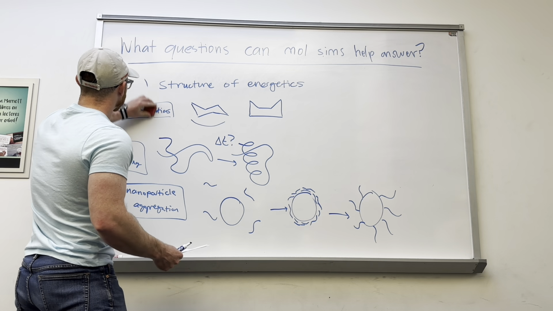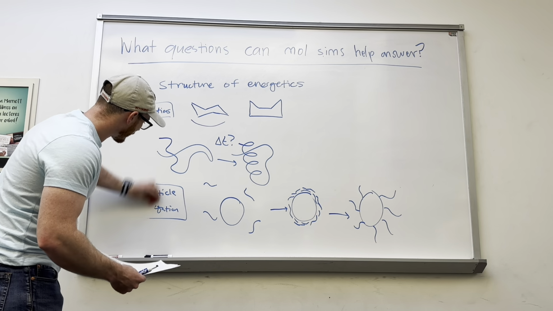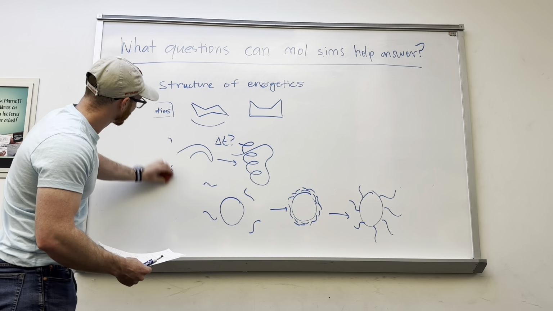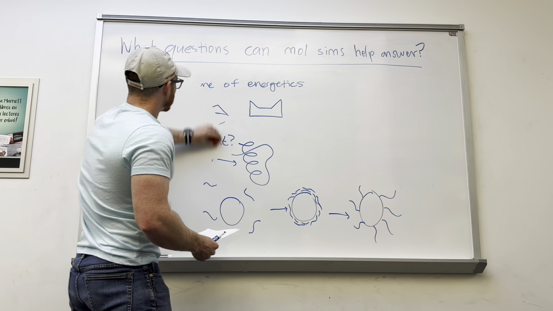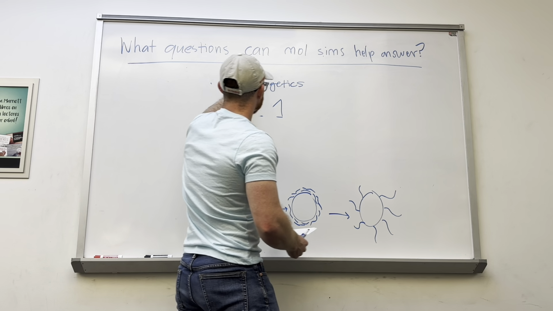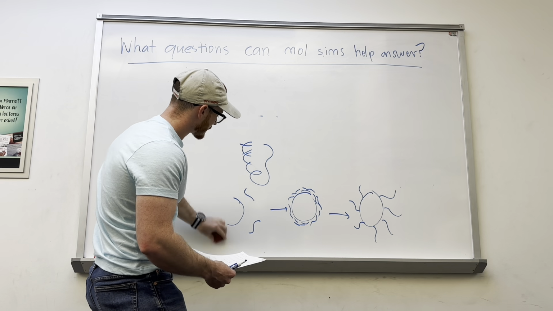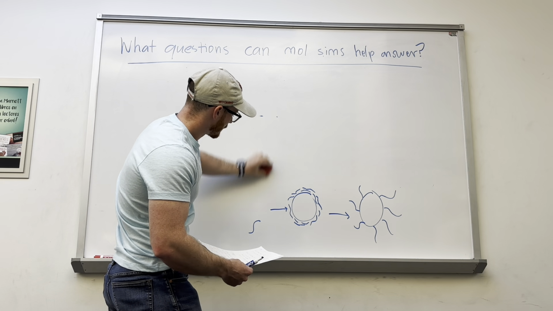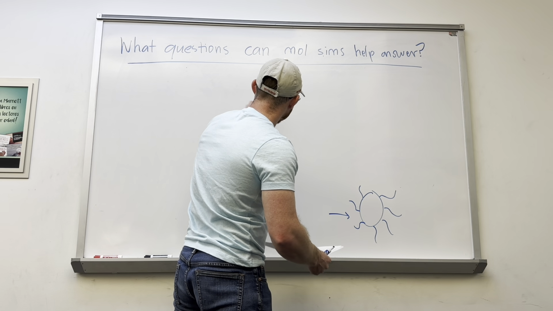So the second class of questions we can answer is, now rather than just looking at the structure and energetics, we can actually look at the dynamics of the system. This is if we're using a specific type of method called molecular dynamics.